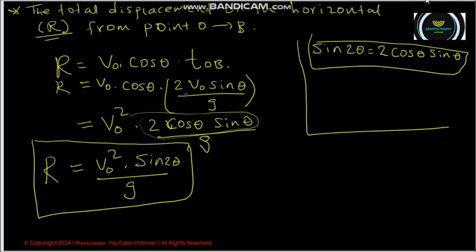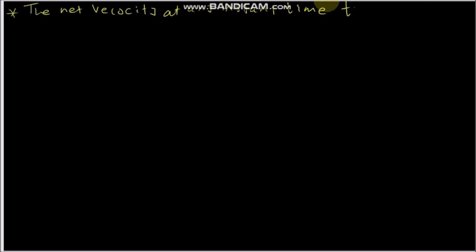All right, good. Now let's see the net velocity at any instant of time t. We have the vertical and the horizontal velocities.